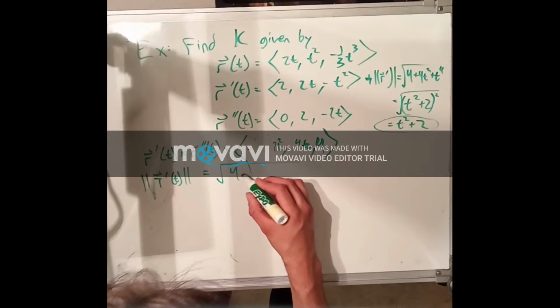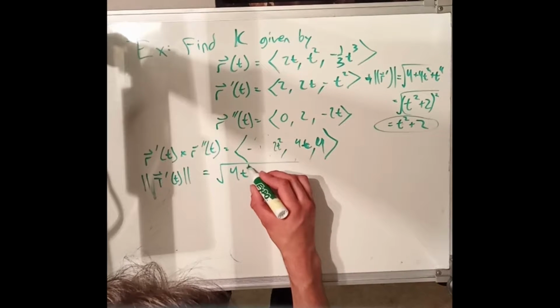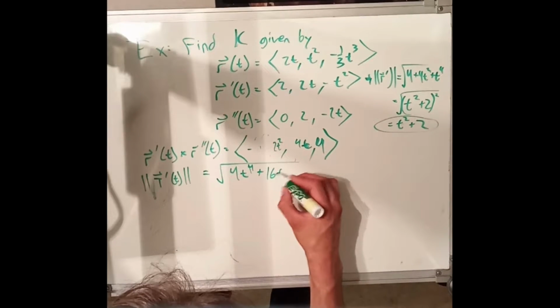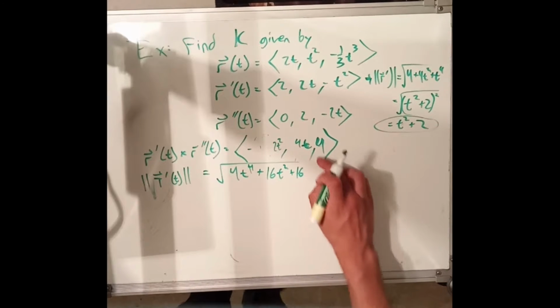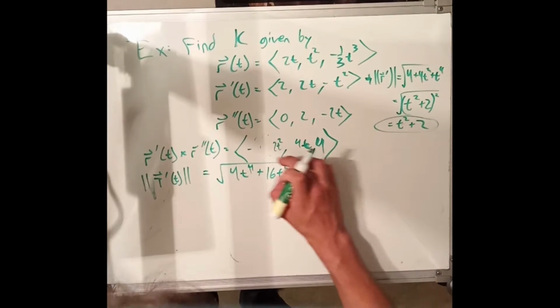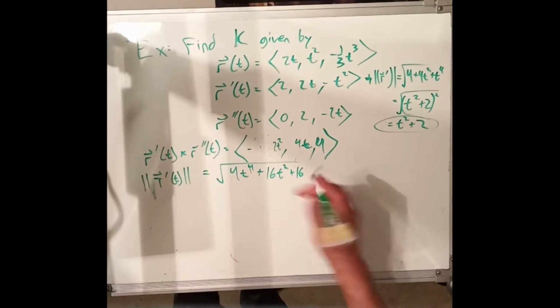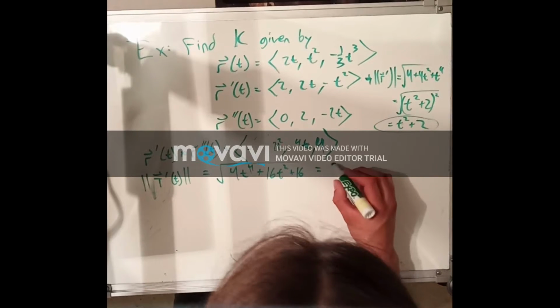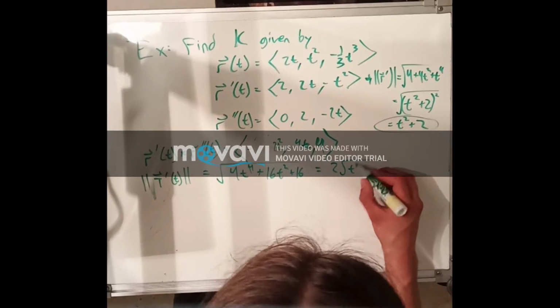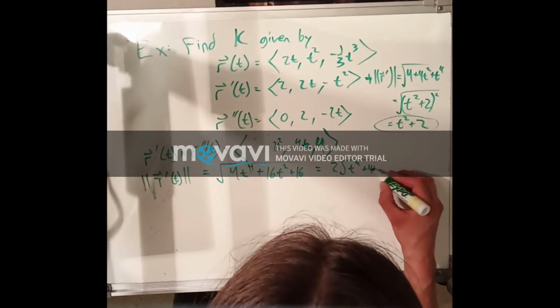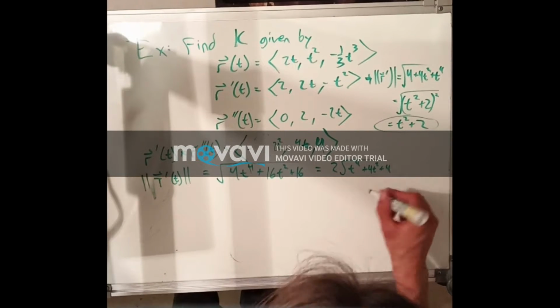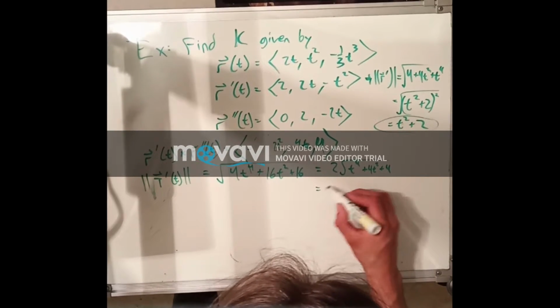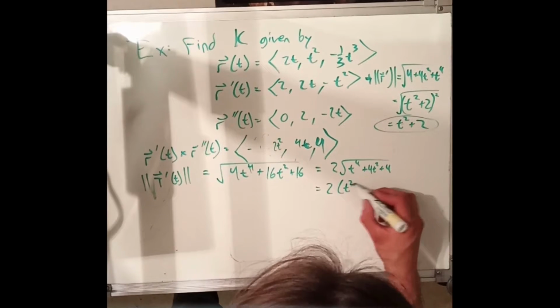This is given by the square root of 4t to the fourth plus 16t squared plus 16. Square the components, add them together, and then take the square root. We can take out a 2, and then we're left with t to the fourth plus 4t squared plus 4. Once again, we see the same pattern from earlier. This is equal to 2 times t squared plus 2.